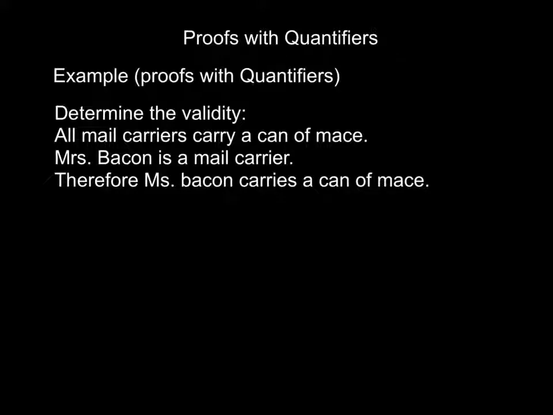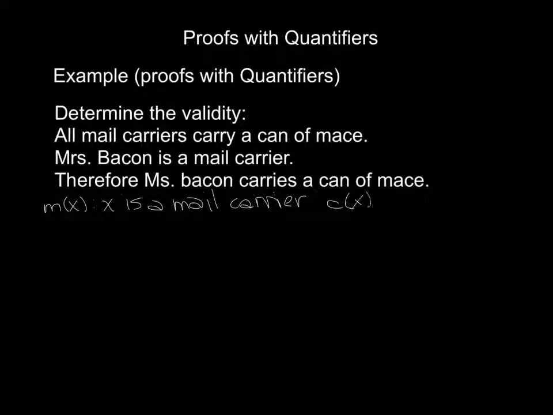So we are going to start, like we did with our other proofs, by putting these statements into propositions. But we don't quite have propositions yet because we have variables like Mrs. Bacon. So we're going to start with open statements. Our first open statement is going to be M of x, which is x is a mail carrier. And C of x is going to be x carries mace.